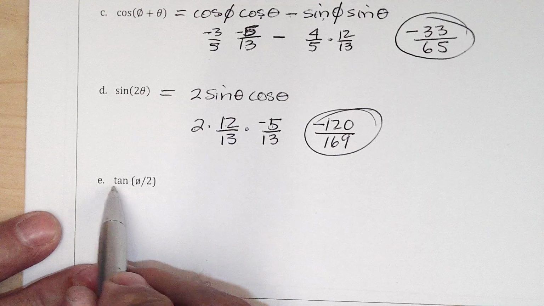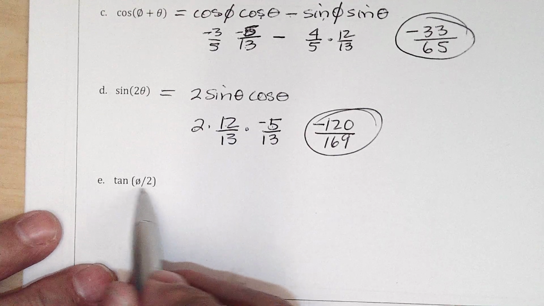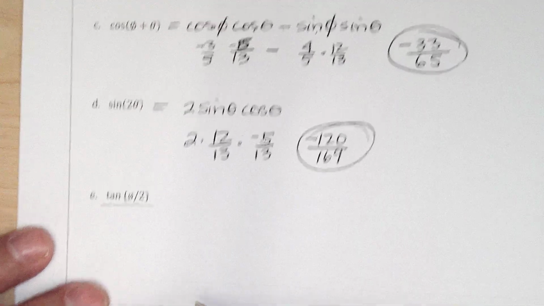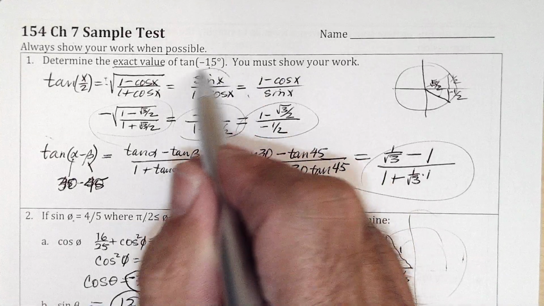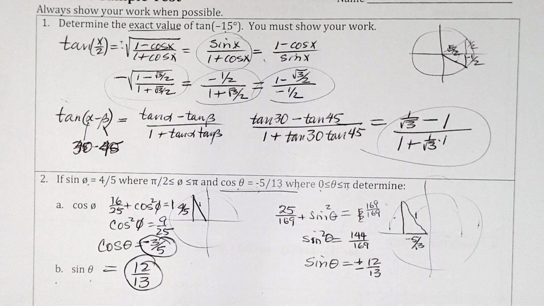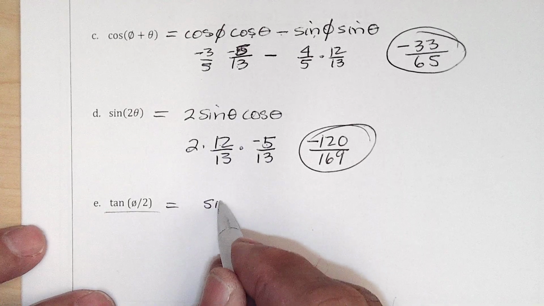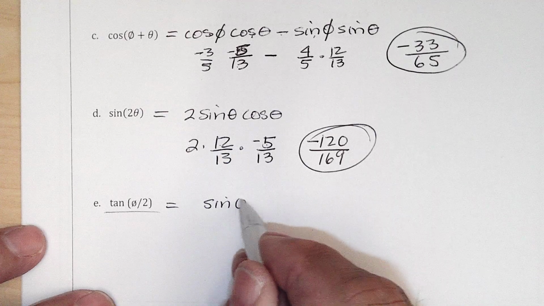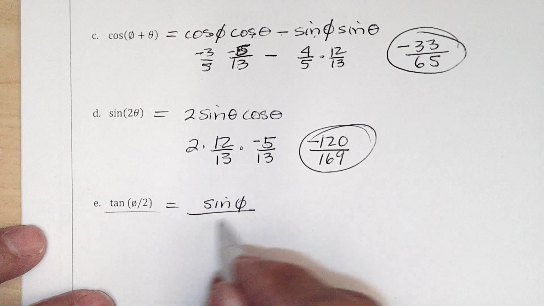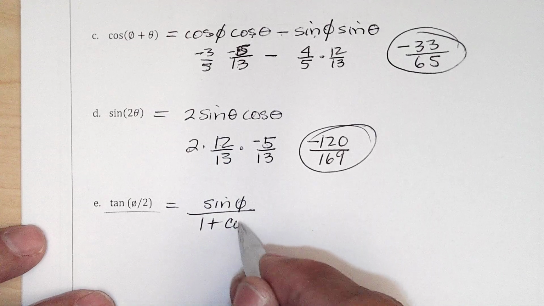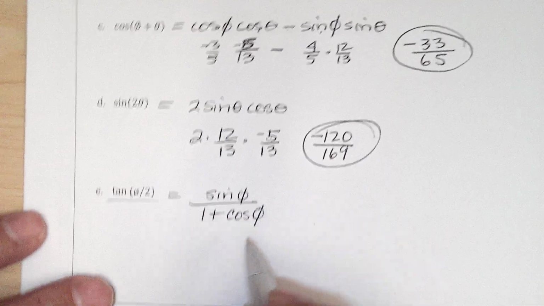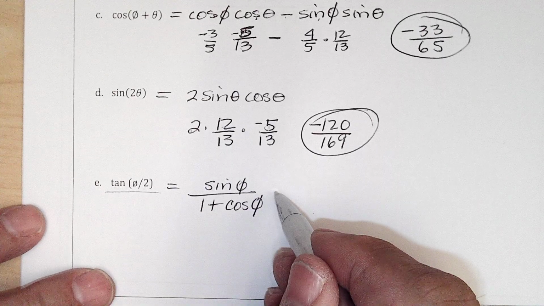And from problem 1, there's 2 or 3 answers for this. I'll just use, say, the first one, sine of x over 1 plus cosine x, using the half angle formula.